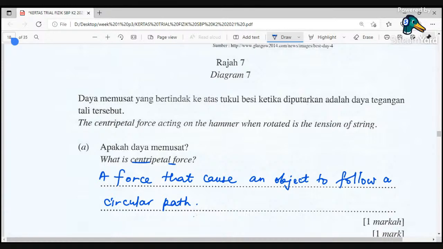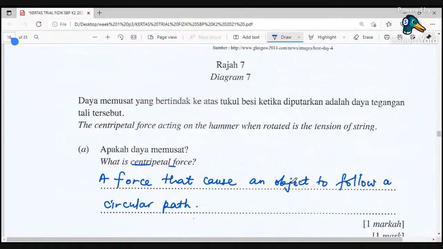Okay, an object that moves in a circular path, there is a centripetal force, which is always directed towards the center of the curvature.